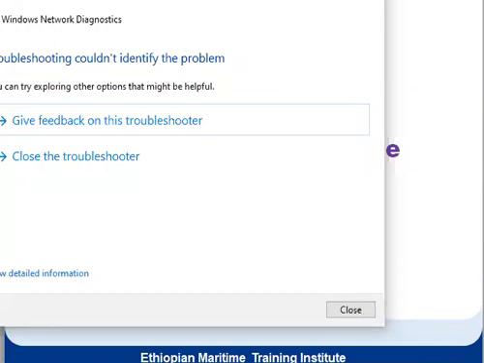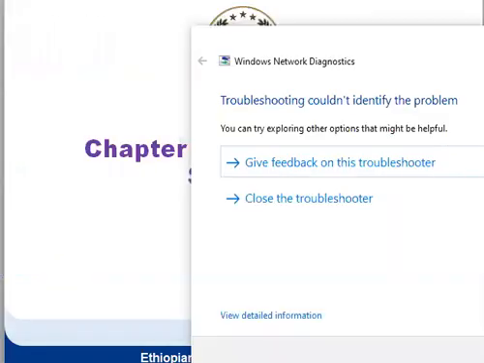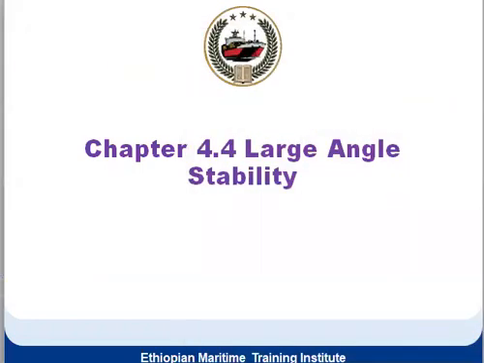We have derived a formula: when it is at a certain angle, what will be the GZ? It means there will be a moment by which it will come back to its upright position. But in large angle stability, that formula will not work.